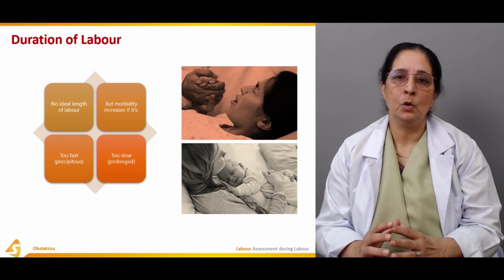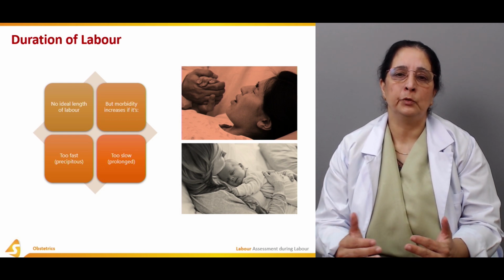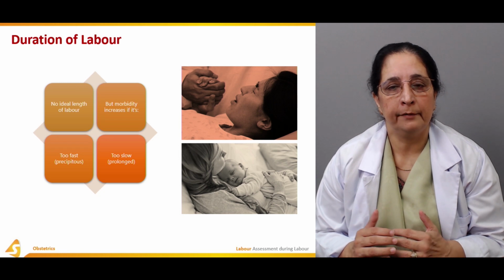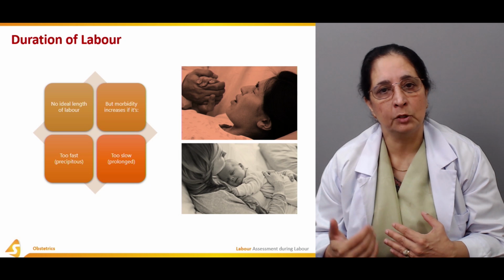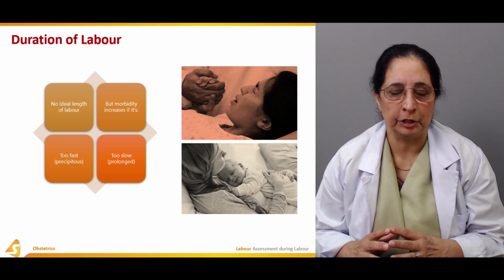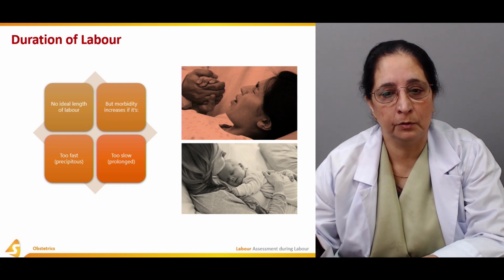So there is no specific time limit for how long labor should be, but if it's too fast, very rapid, it's dangerous, and if it's too slow, again, it's dangerous. So it should be in the middle, not too fast, not too slow.